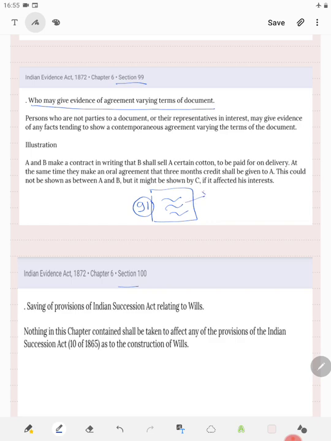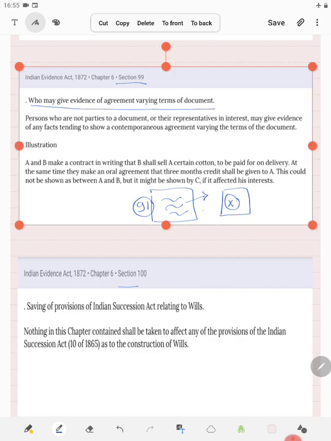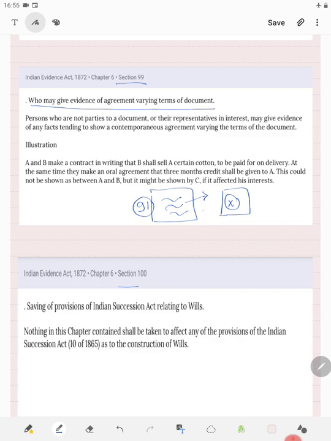Then, to show that there was a parallel or contemporary agreement by which this agreement was varied, either bring the document or oral evidence is not allowed as per section 92.